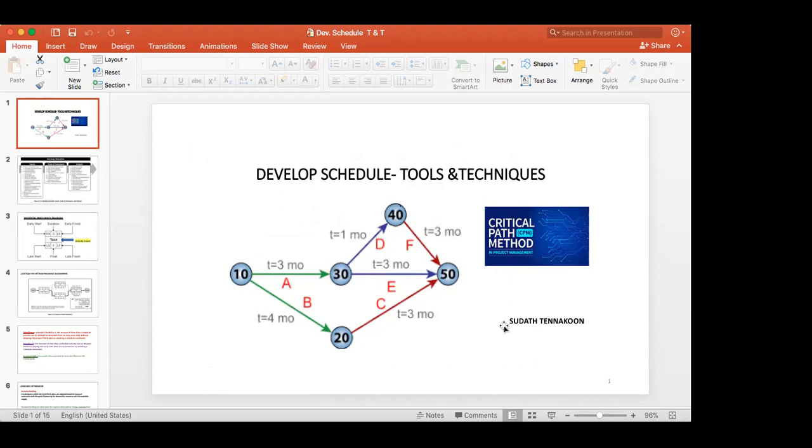You can see items 10, 20, 30, 40, 50. So 10 goes to 30, three months time; you will complete it and do 30. Starting from excavation, concreting, three months, like that. It's a schedule, whatever it is.